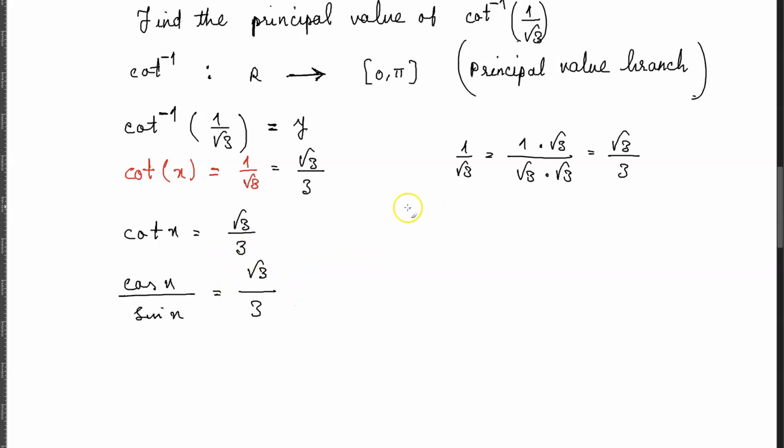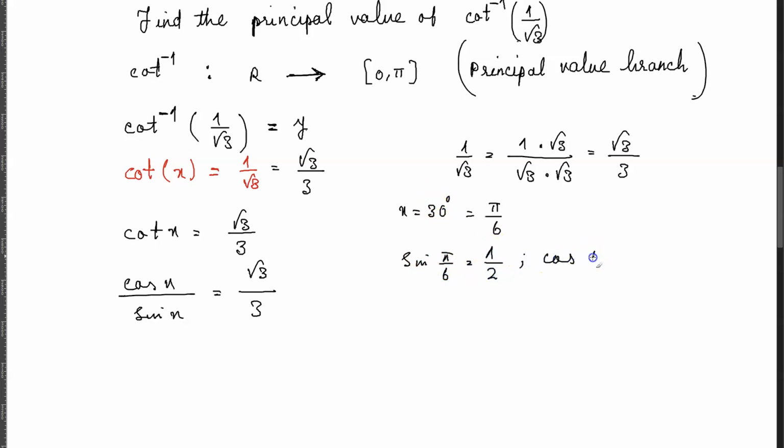So if x is equal to 30 degrees, or you can say pi by 6, we know that the sine of pi by 6, which is equal to the sine of 30 degrees, is equal to 1 by 2.